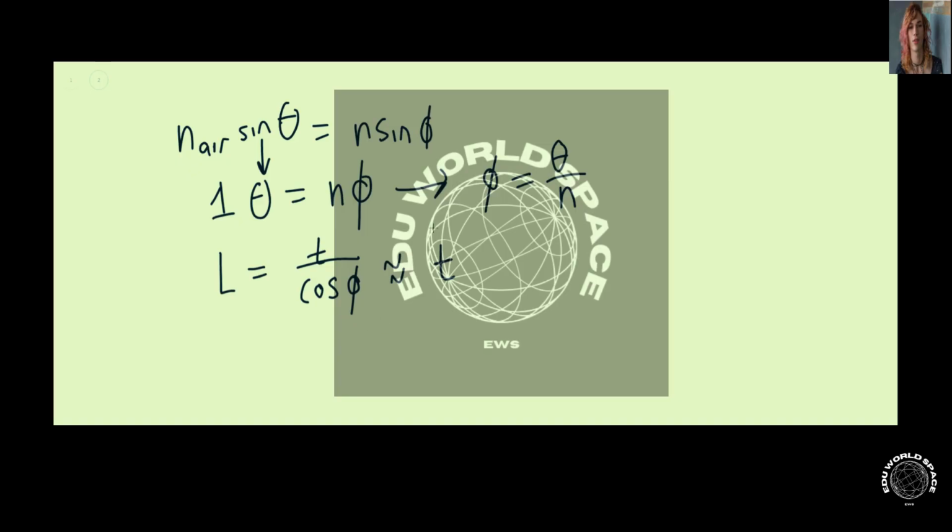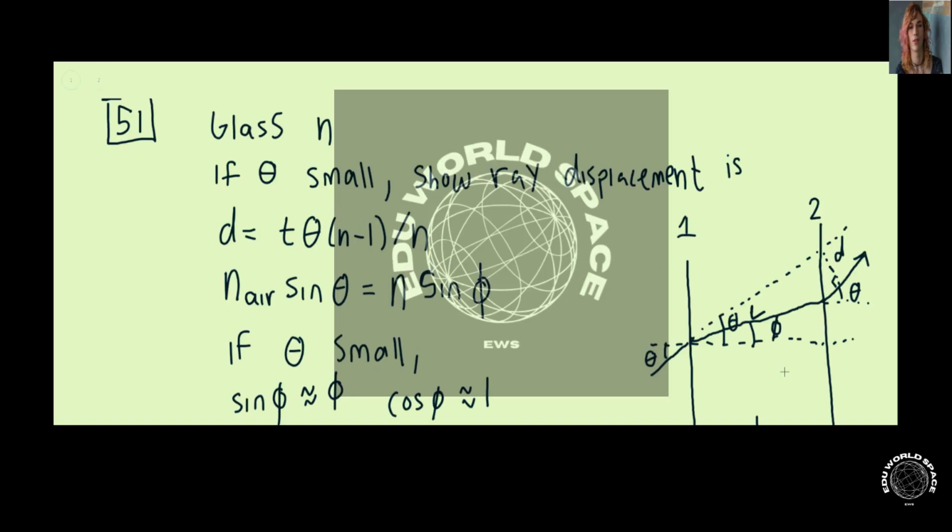Now, to find the distance between the rays, we can do a bit more trig. We can express d as L sine of (theta minus phi), which would be this angle right here, theta minus phi.